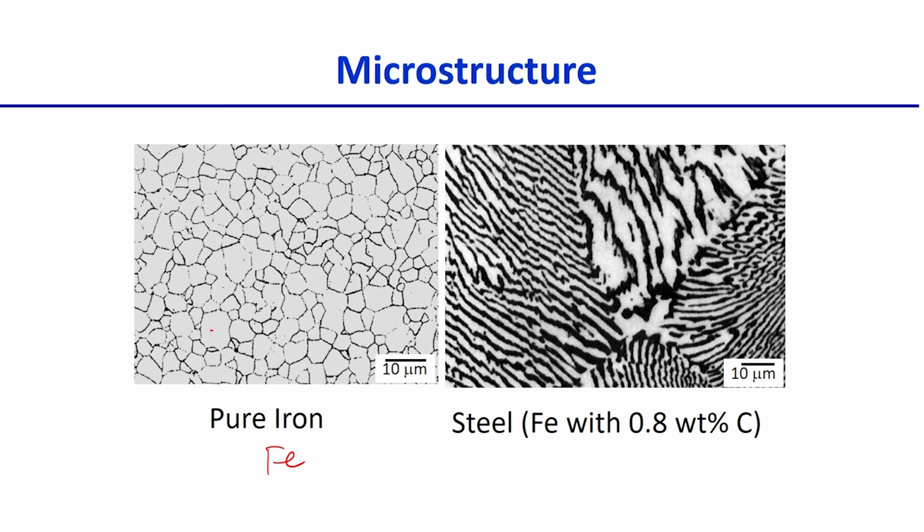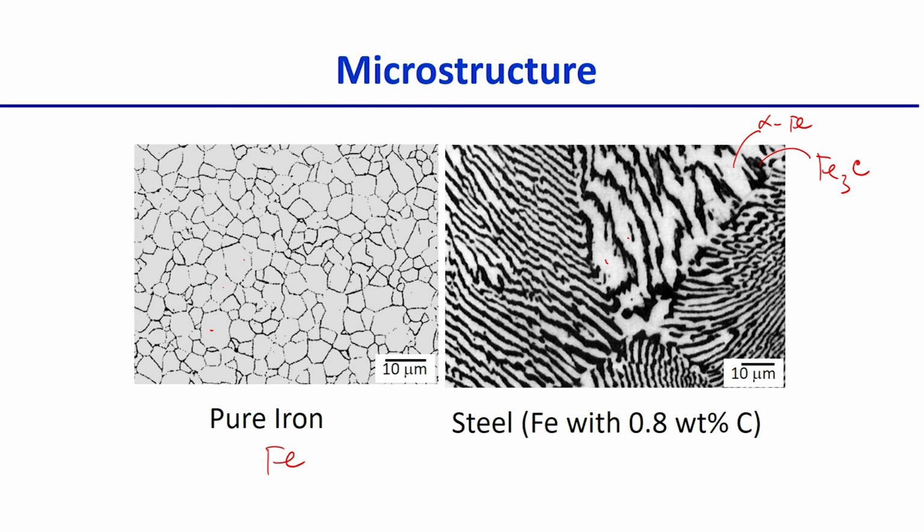What you see here is two different regions, one is a white region, one is a black region. This white region corresponds to the same as iron, which is seen here, these are called alpha iron, and these black regions correspond to carbide, because when you add carbon, it will react with iron and form the carbide.